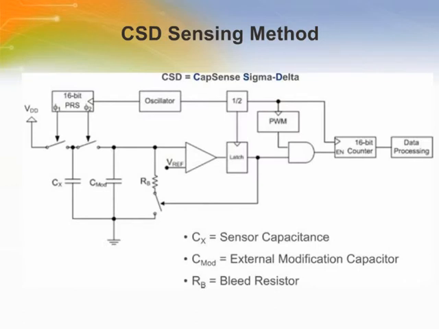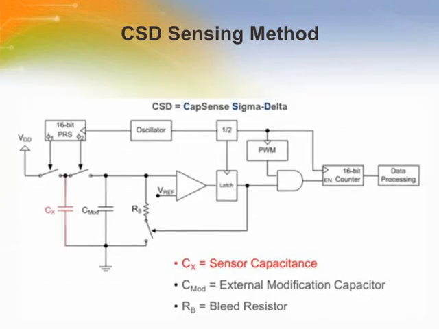Now here is the block diagram for CapSense Sigma Delta, also known as CSD. This method includes a switched capacitor input stage containing the sensor capacitor CX. The switched capacitor network is between VDD and the voltage at CMOD.